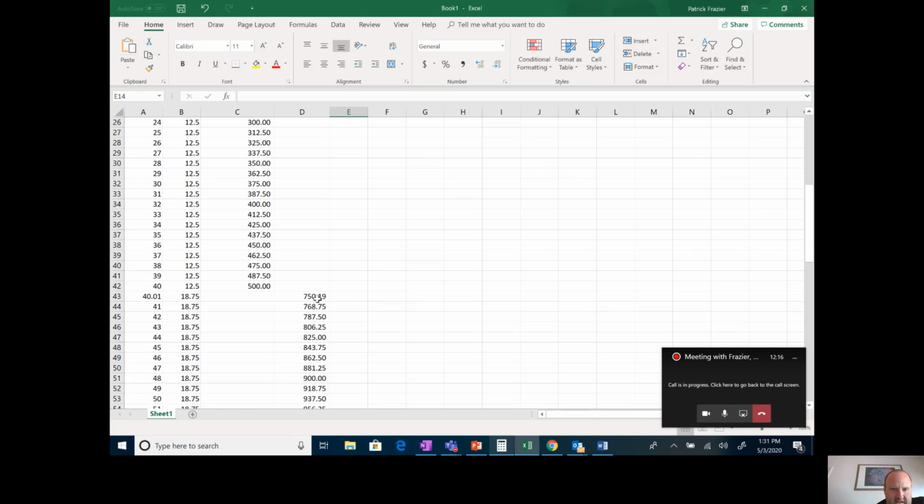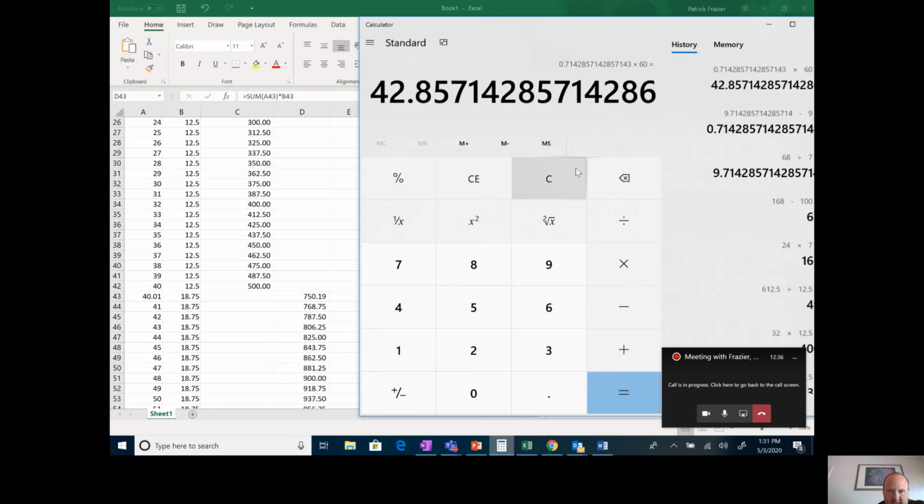But see, does this make sense? Because according to this, if I take that hourly rate of $18.75 times just a smidgen above 40 hours, and I'm getting $750.19. That's a huge difference.